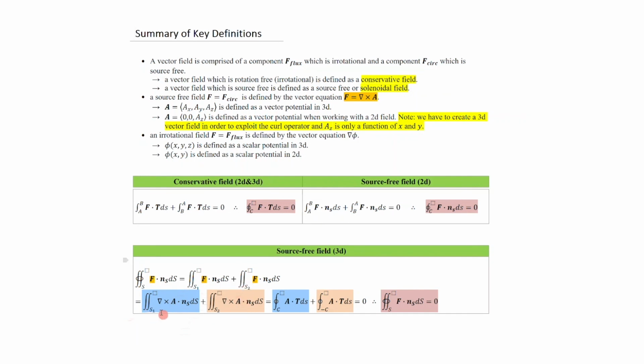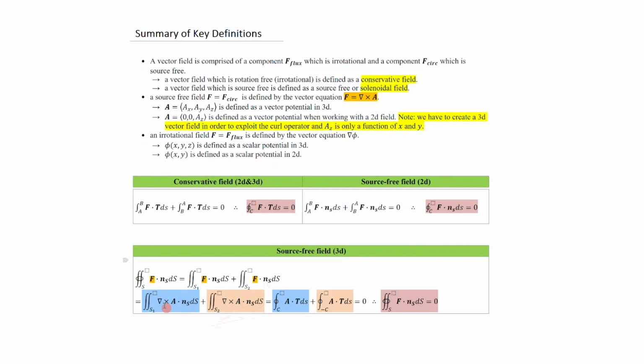But by Stokes' theorem, this expression is equivalent to a closed contour integral over the tangent vector around the closed contour, which is bounding both surface S1 and surface S2. And in this case, the contour now has to be different because this surface is below the contour, whereas this surface was above the contour.